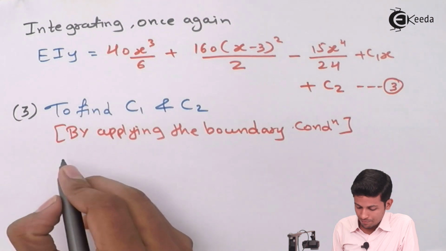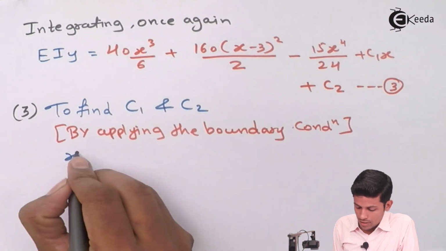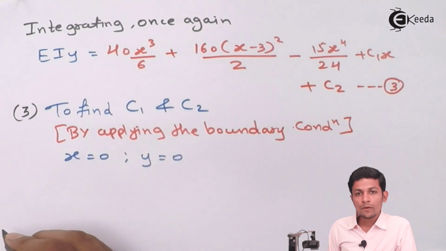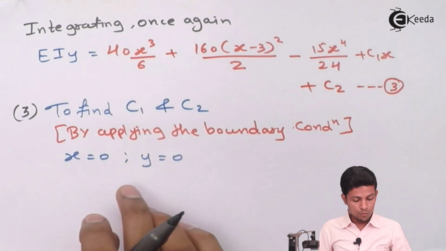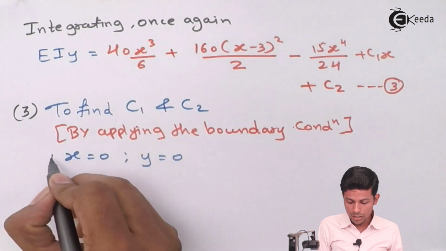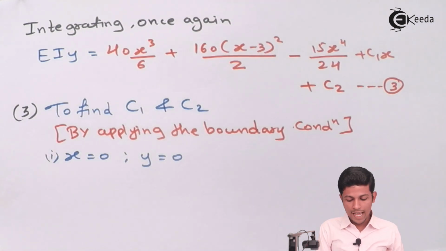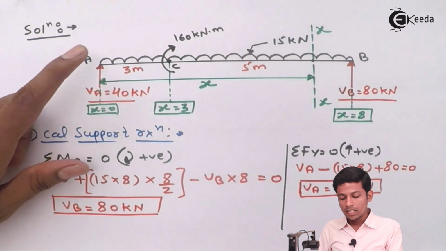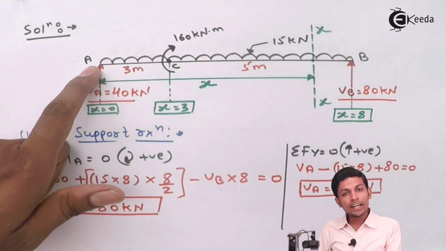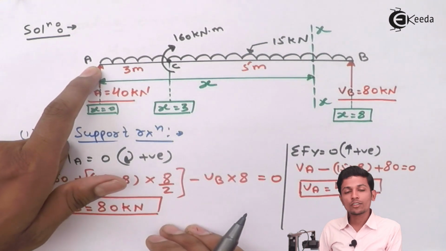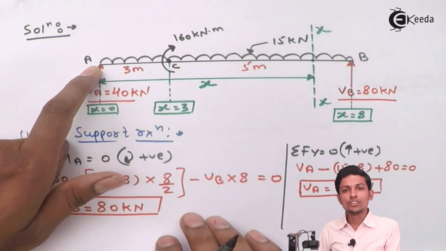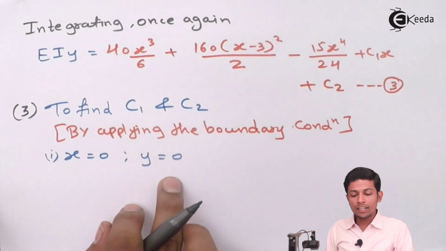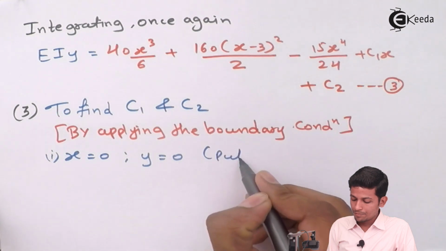We know that x is equal to 0 and y is equal to 0. This is the first boundary condition. See the diagram, the first boundary condition is this. Here x is 0 and deflection y is also 0, because at supports deflection is always 0.